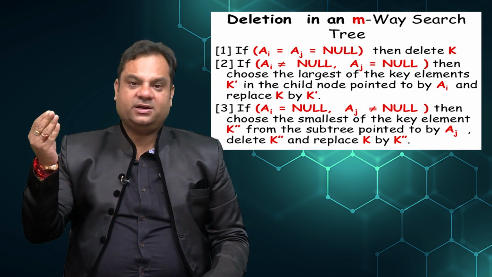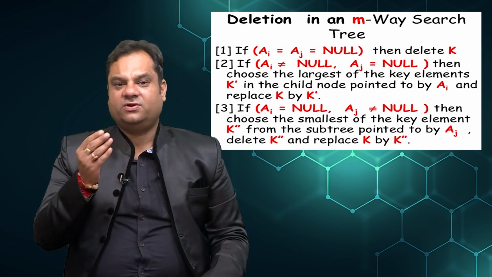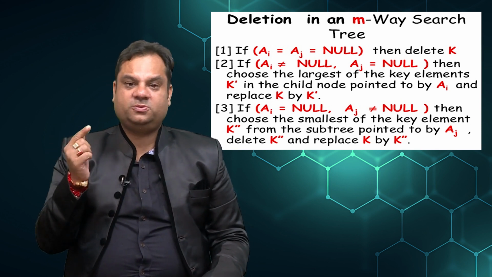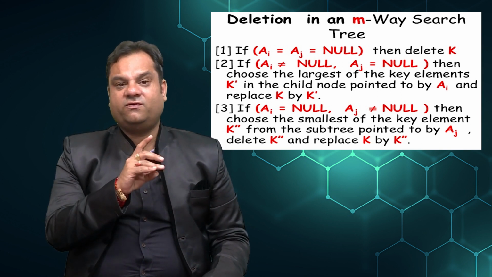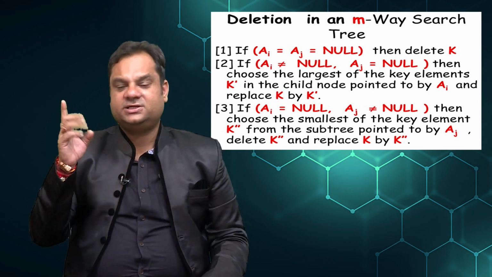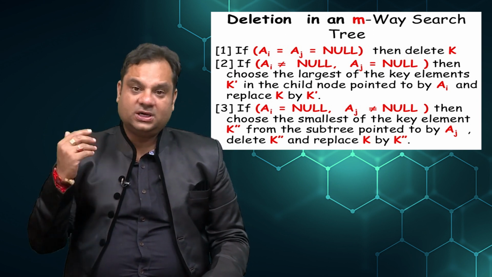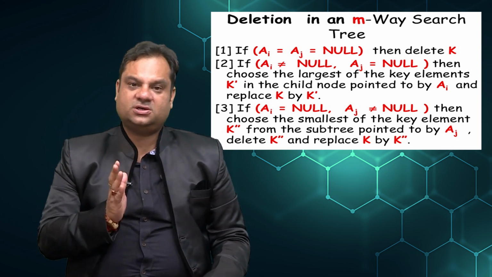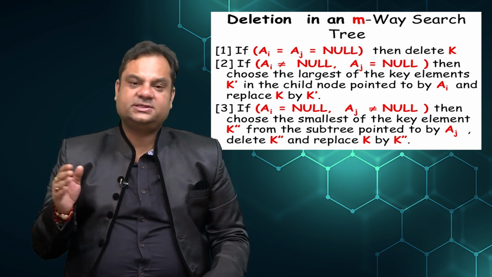Suppose you have 10 as a key and its left successor has 4, 5, 6. You have three items: 4, 5 and 6. When you delete the key, it should be replaced by the largest child value, and amongst 4, 5 and 6 the largest value is 6, so 6 replaces 10. This is the way when you remove or delete a key value, it should be replaced by a child, either from the left or the right, but in this second case the right side is already null.